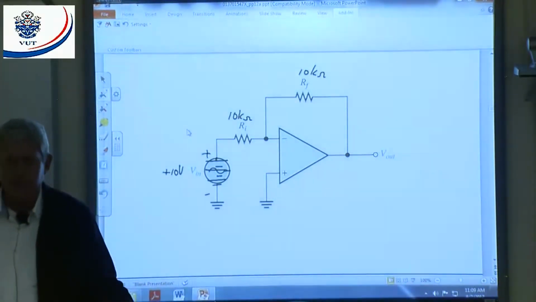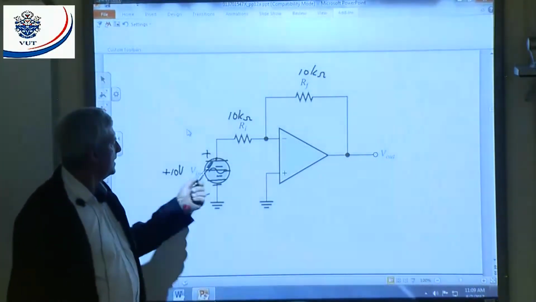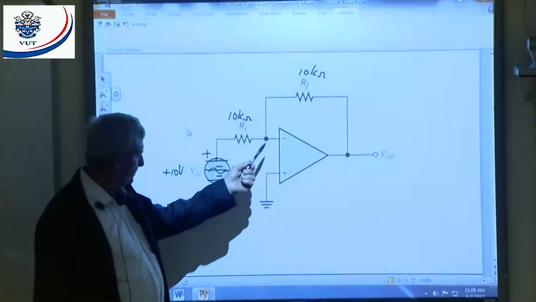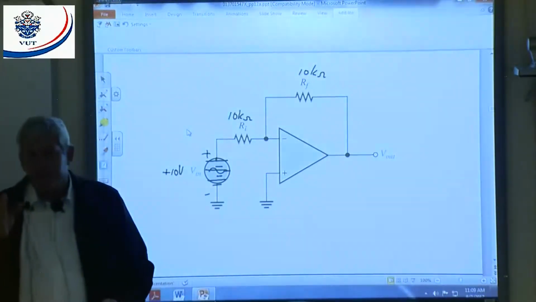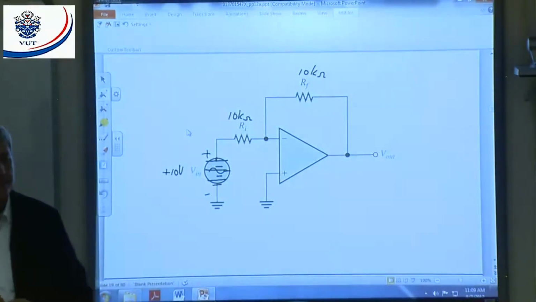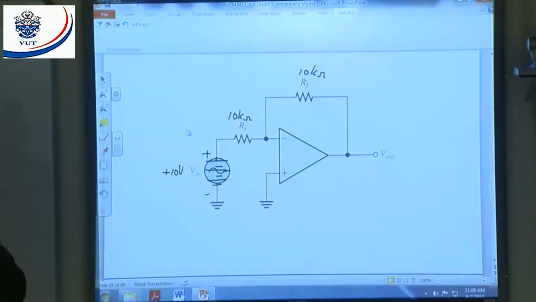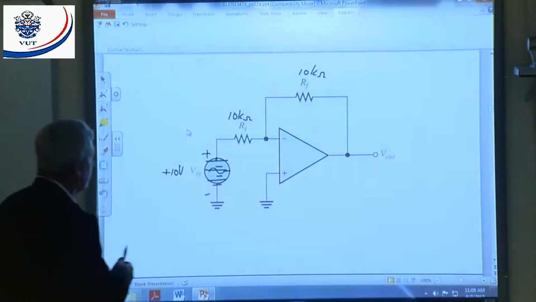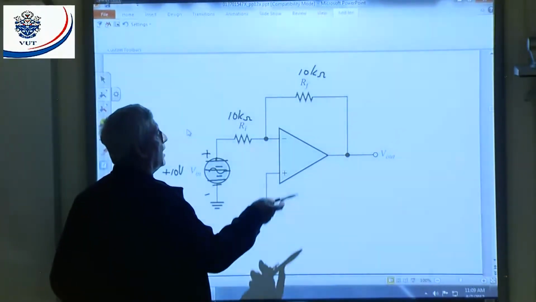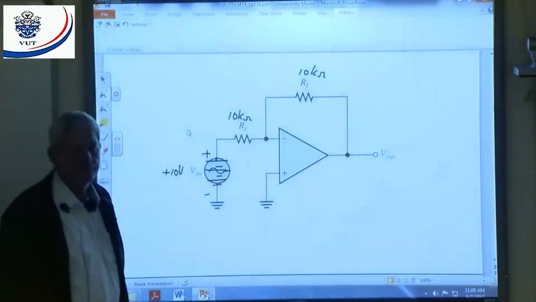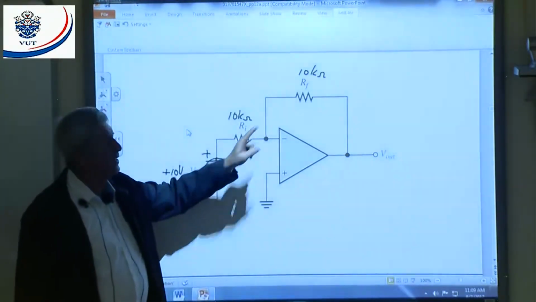It should be 0. But the instant I apply this 10 volts, that will tend to increase. A small increase. When my differential amplifier senses this increase, it will tell the op-amp to go away, positive or negative. This goes a little bit up.